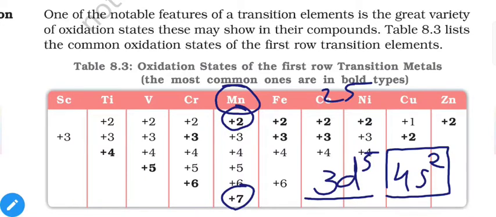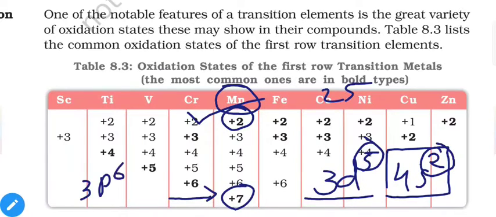That's why the +2 oxidation state of Mn is stable. Similarly, when we remove all of these electrons, that means 2 from s and 5 from d, you get the +7 oxidation state. As we remove the d5 electrons, you get the stable electronic configuration 3p6. So it is a stable configuration, and that's why this oxidation state of Mn is also stable.